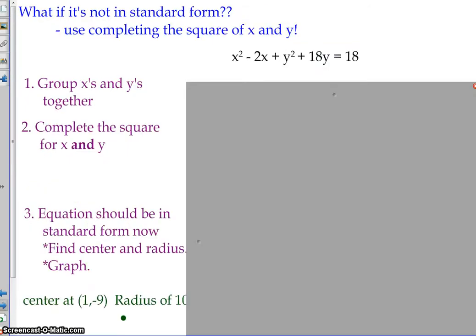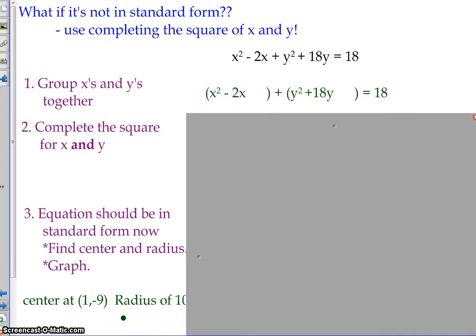What's going to happen is we don't always get to see our equations in the nice standard form that we just had. If it's not in standard form, we have to complete the square of x and y at the same time. So our process is, first, group your x's and your y's together.